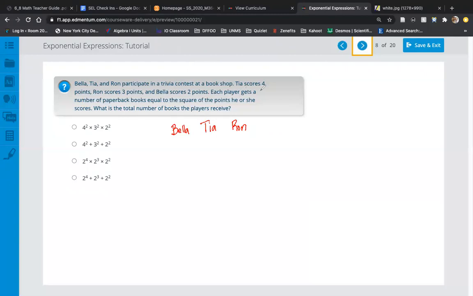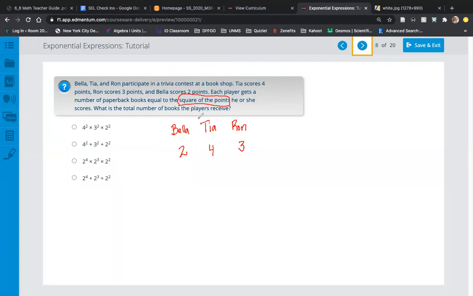It says Tia scores 4 points. So Tia has 4 points. Ron scores 3 points. So this is why it's helpful to write things out just so that you don't mix things up, right? And it says Bella scores 2 points. It says each player gets a number of paperback books equal to the square of their points.